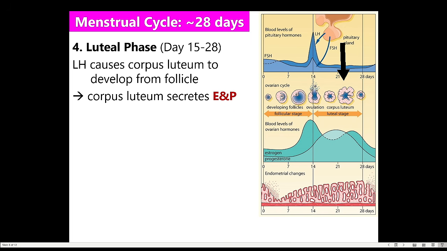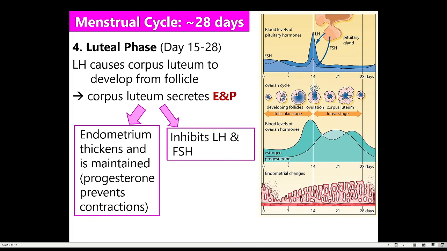Okay, the corpus luteum is the part of the ovary that secretes estrogen and progesterone. Due to the high level of progesterone, what happens is that this thickened endometrium is being maintained para maiwasan yung mga tinatawag natin na contractions.